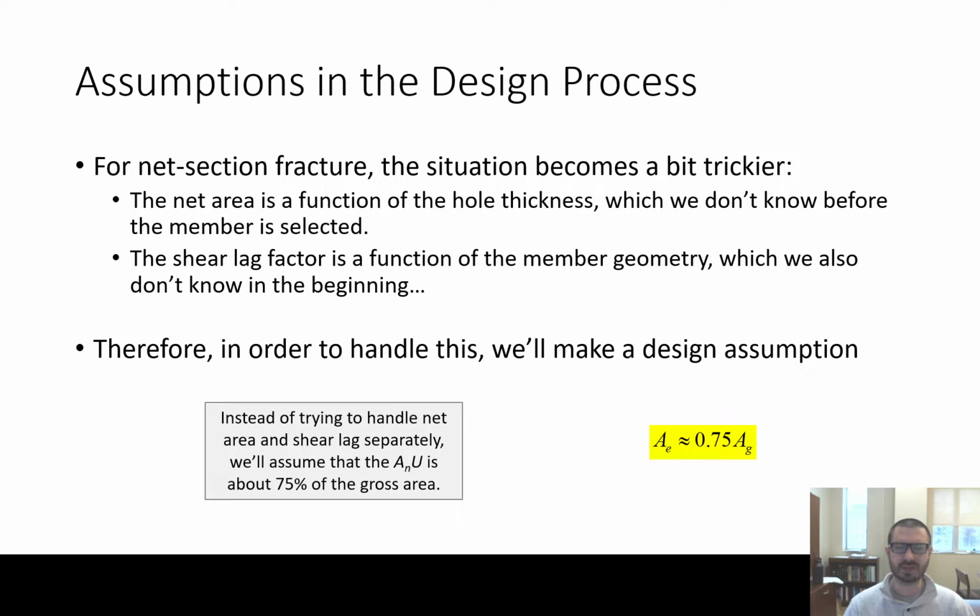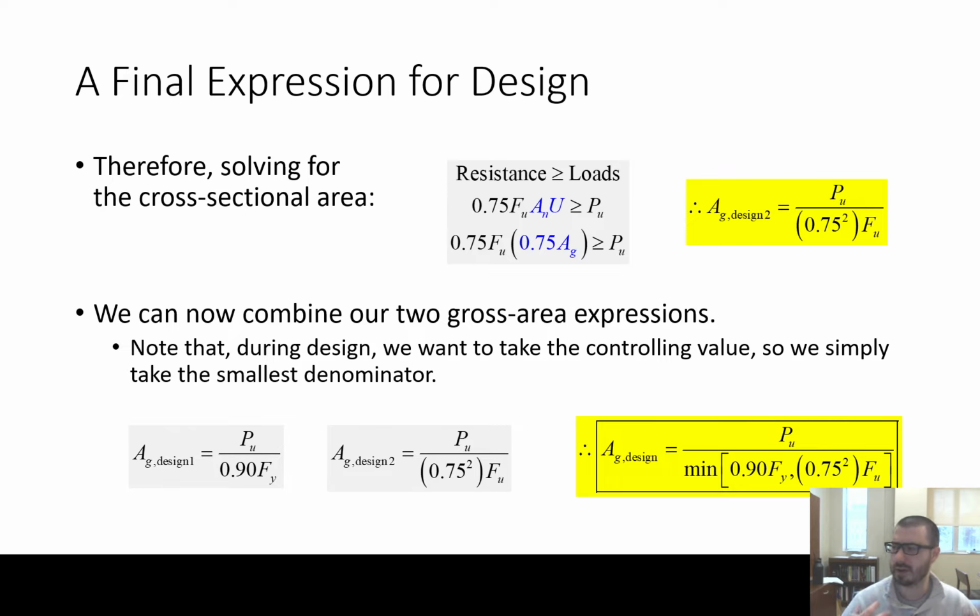So what we do is we assume that the effective net area is 75% of the gross area. Gross area goes to net area, and then net area is adjusted by the U value to get effective net area. There's a lot going into that assumption, but it's simple, and it will allow us to initially select a member. But what's critical is that once we select that member, we must analyze it, we must assess it, because we have to verify those assumptions.